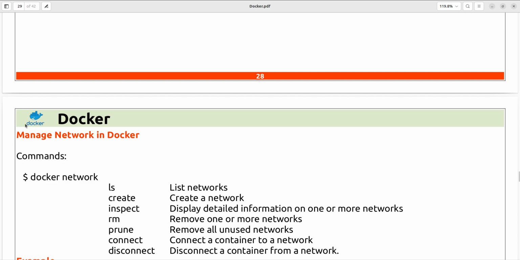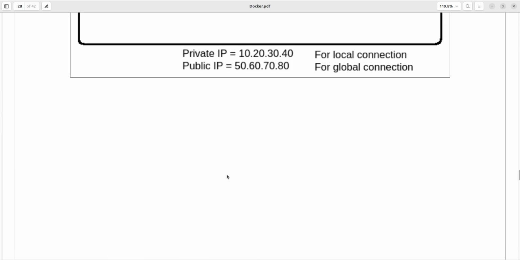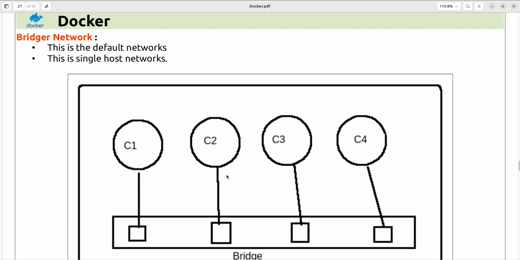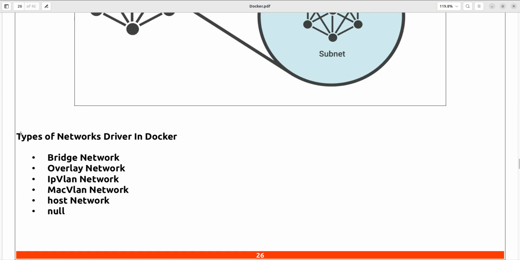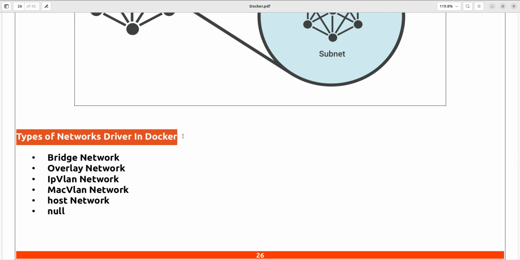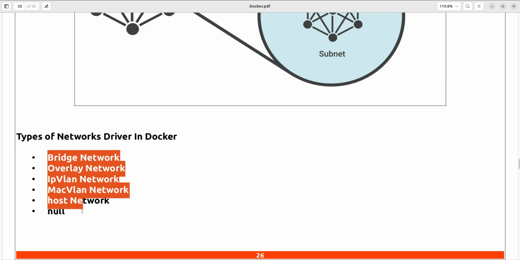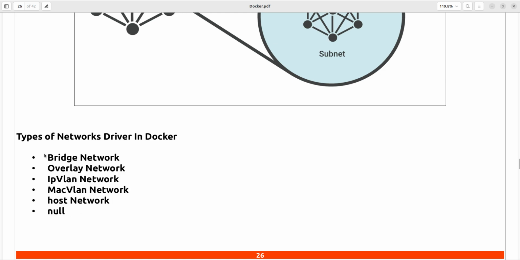In the next session we will see how we can manage the network in Docker, because we have to create the network. If you see here, we have six types of network drivers. We have to create the network first in Docker, and then only we can use it. By default, if you want to use the bridge network, you don't need to create it.